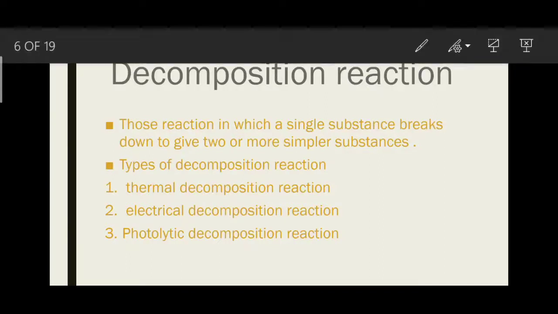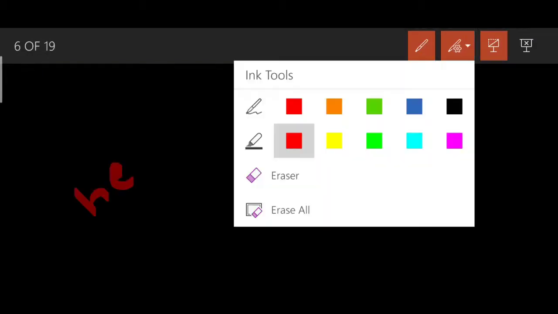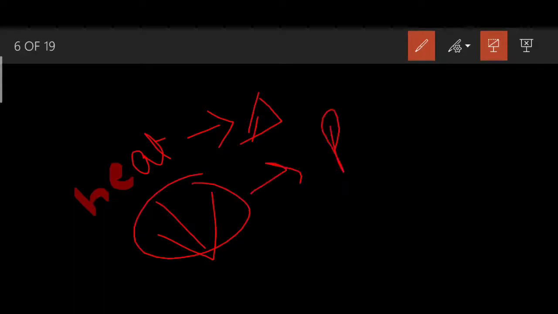So let me tell you one thing. The symbol of heat is a triangle. The symbol of a precipitate reaction is this, this is PPT.